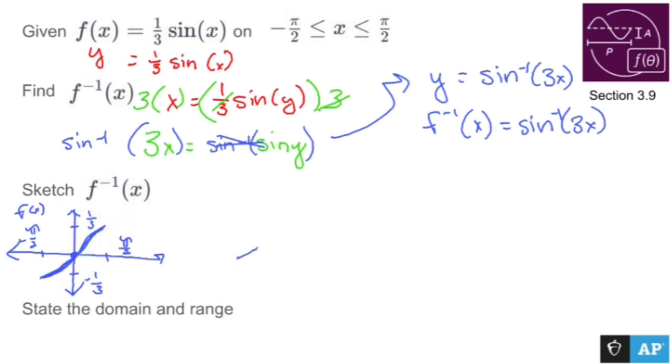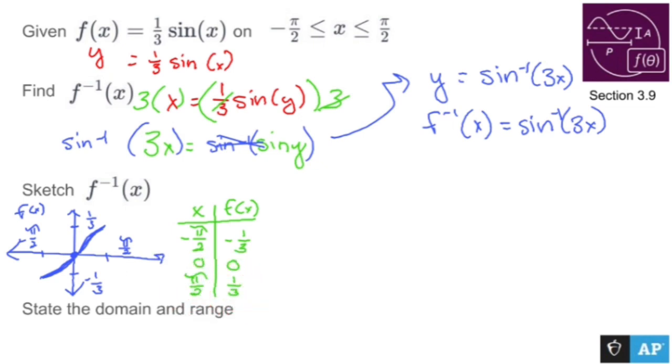Now, that's my graph. We know that an inverse is going to be the reflection over y equals x, but let's also look at it from a table point of view. Here's my x and f of x. My key points are at negative pi over 2, I'm at negative 1/3. At 0, I'm at 0, and at positive pi over 2, I'm at positive 1/3.